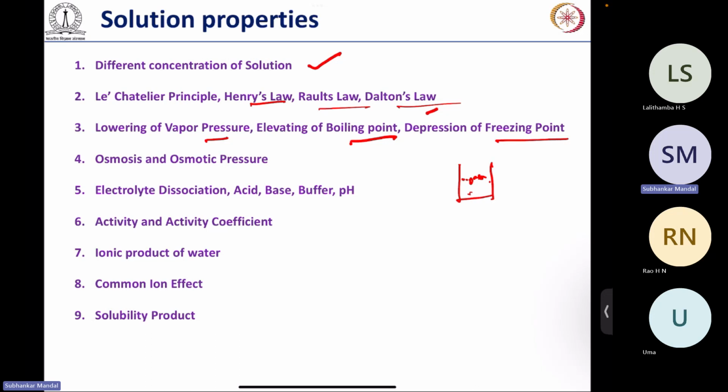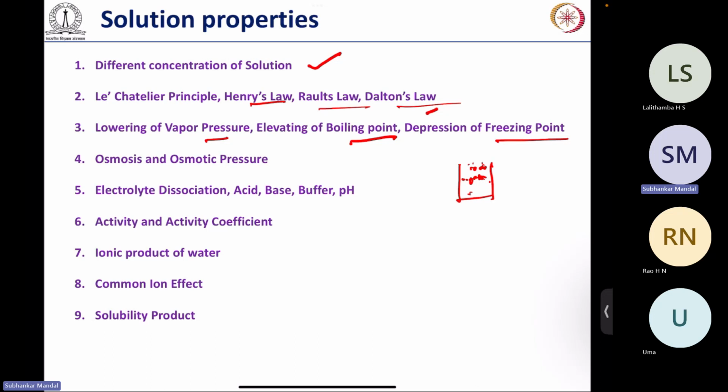Vapor pressure is basically how much gaseous phase of the solvent is there on top of the solution. If there are so many solute particles on top which are not vaporized, then the amount of solvent particles on top of the solution will decrease. That's why the vapor pressure is lowered. Okay, so that we discussed in the previous class.